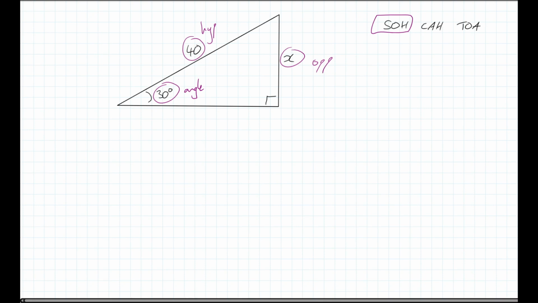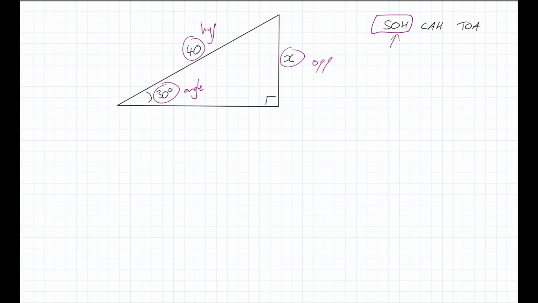If we had the adjacent and hypotenuse, we'd use cos. If we had the opposite and adjacent, we'd use tan. But we have to use the opposite and hypotenuse to solve this problem. If we use one of the other ones, we would have too many unknowns and we wouldn't be able to solve it. You're only allowed to have one thing that's unknown out of the angle and the two sides in the ratio.